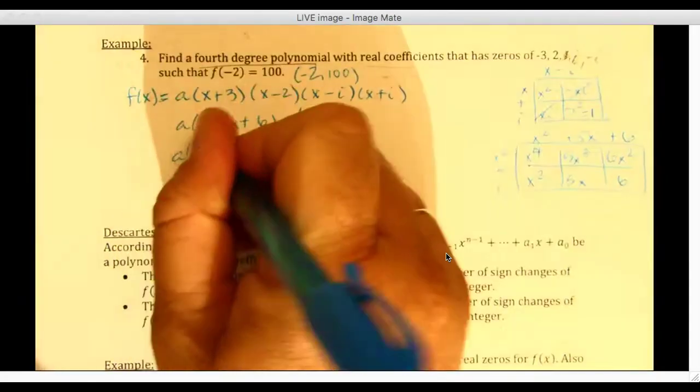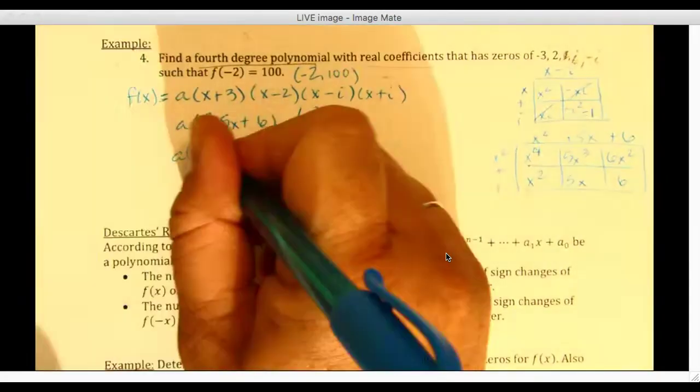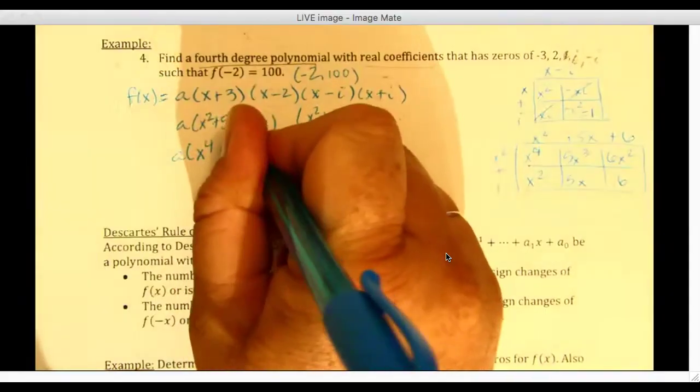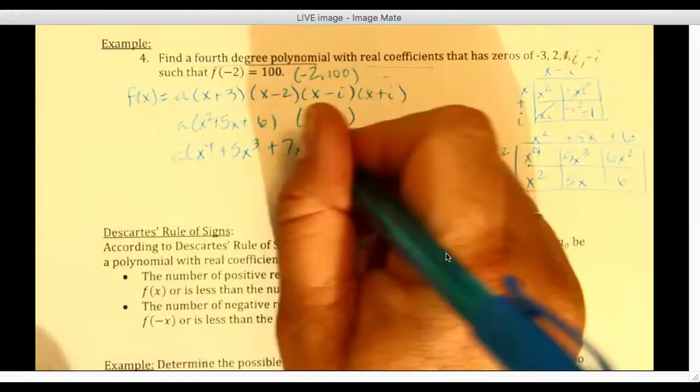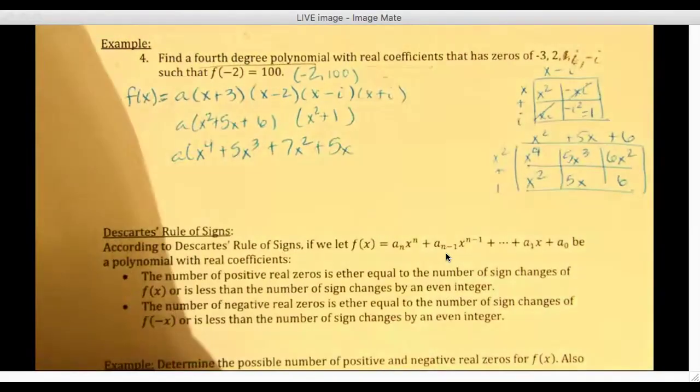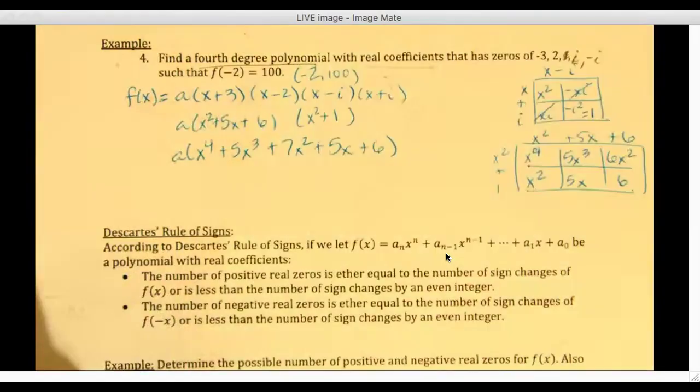So I have a times x to the 4th plus 5x cubed plus 7x squared plus 5x plus 6.